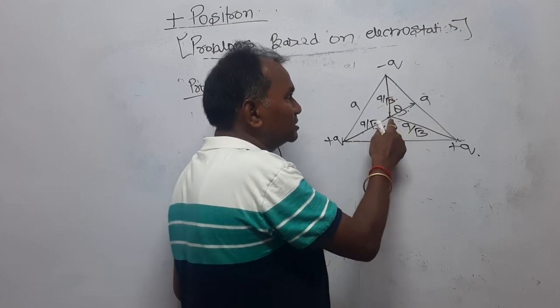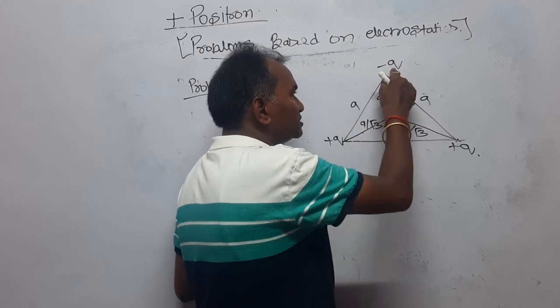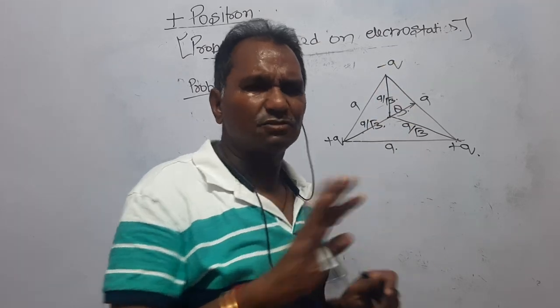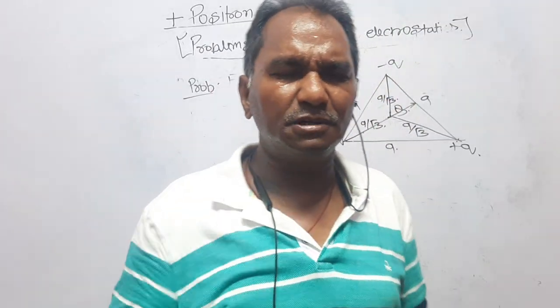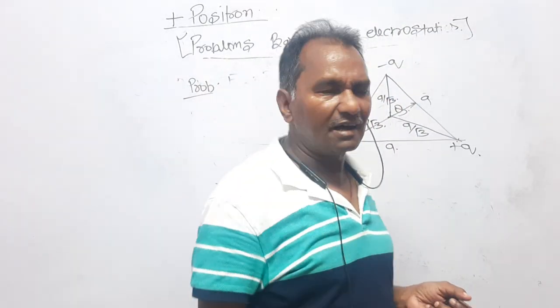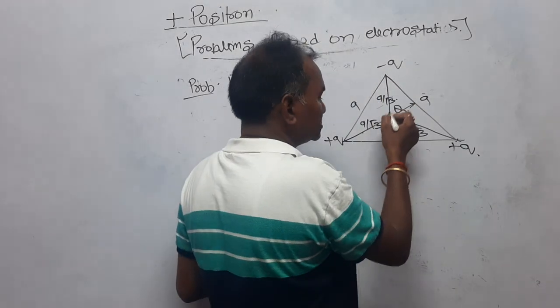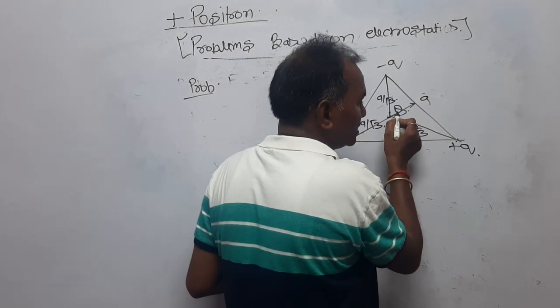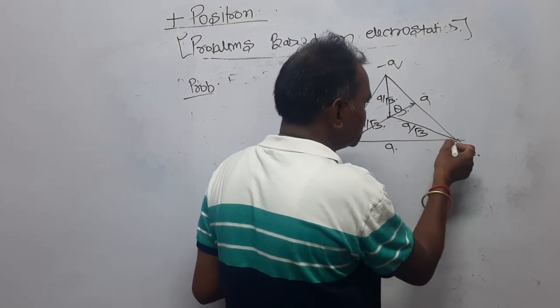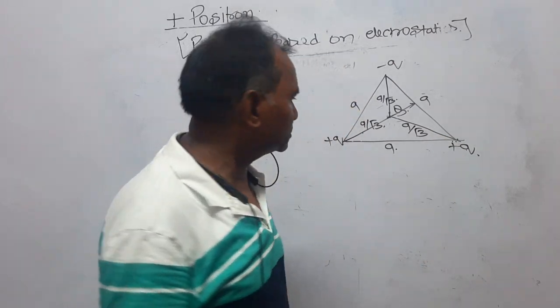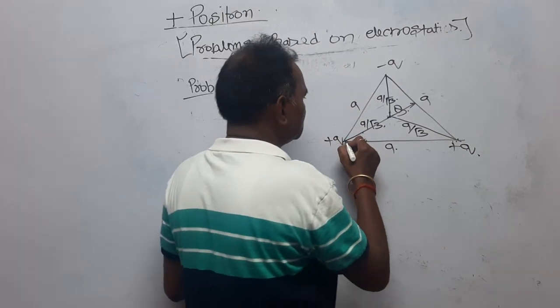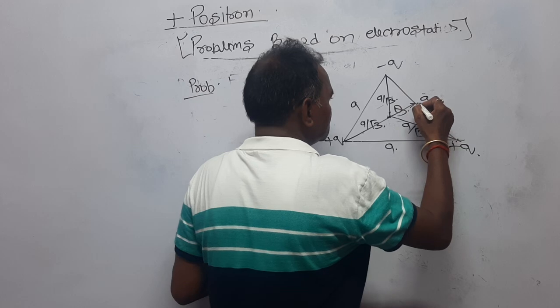Again in this combination, charge is capital Q, small q, minus or plus do not matter. So it will come into the direction, right? And distance again, and here the charge is capital Q, small q, and the distance between them is again a by root 3.